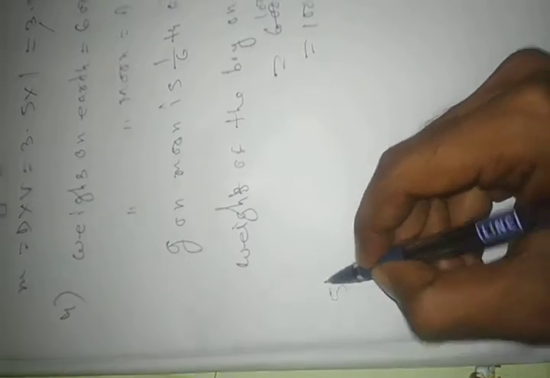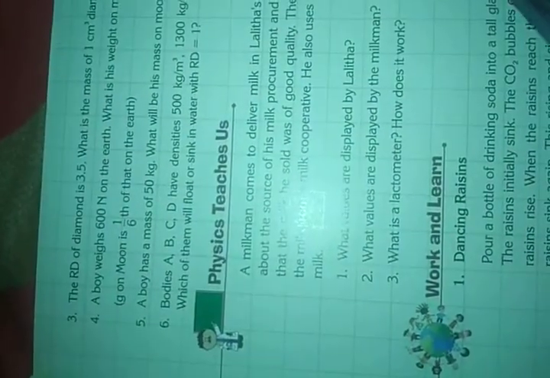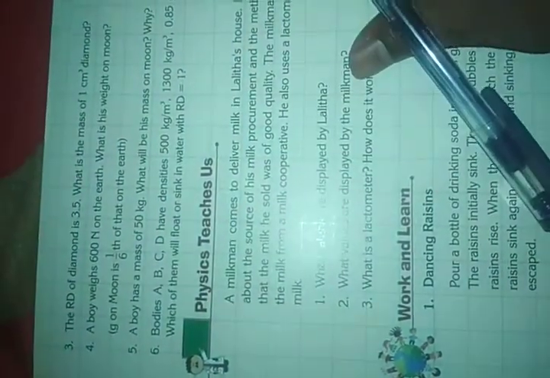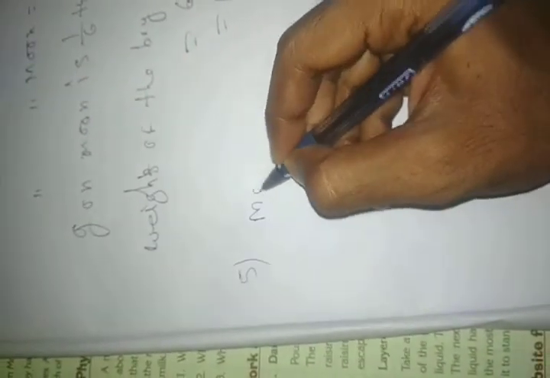Next question, question number 5. You can read from the book. A boy's mass is given. What will be the mass on the moon and why? Mass will be the same. Mass of the boy is given 50 kg. You have to remember, mass does not change from place to place. Mass remains the same everywhere.